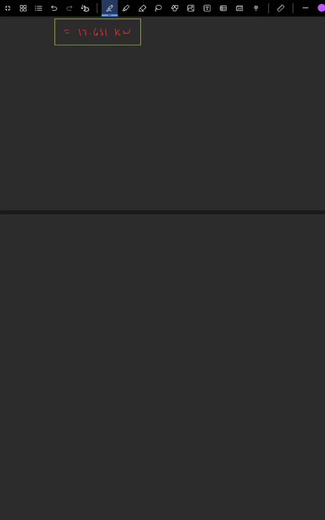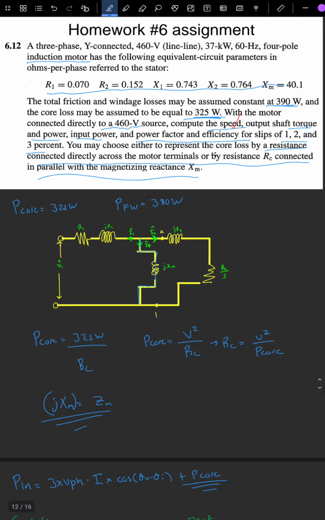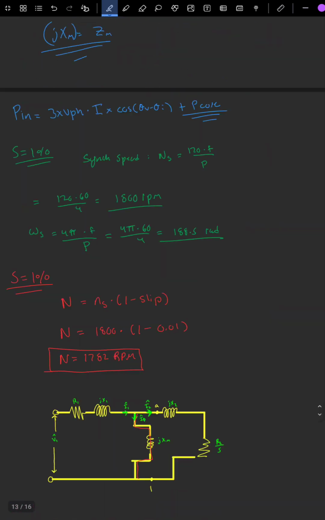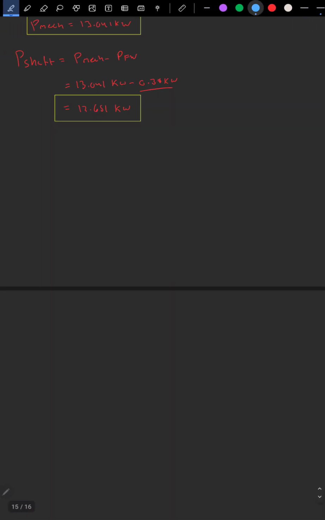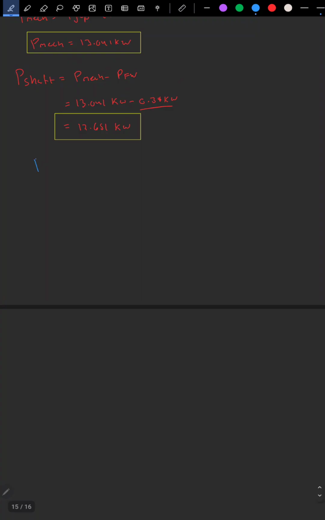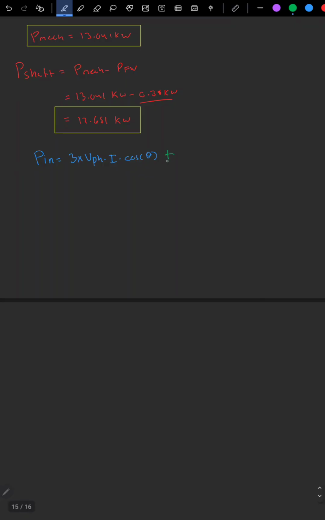Now we have to find our Pin, because, well, does it exactly ask for Pin? Yeah, it does. So remember, like I said earlier, if you do it this way, Pin equals what we usually know, adding P core.